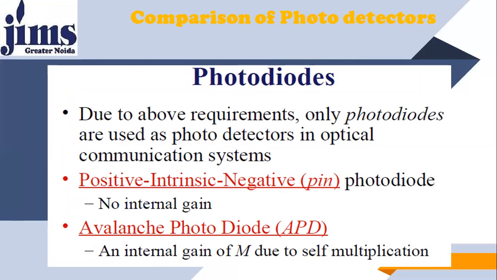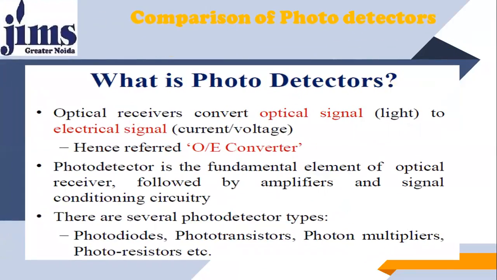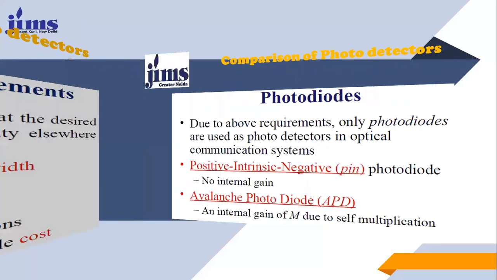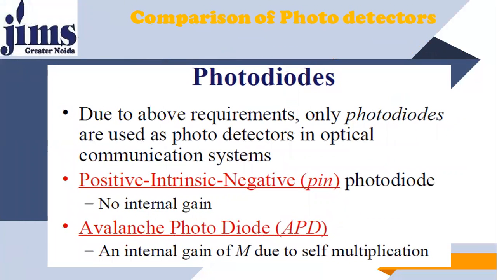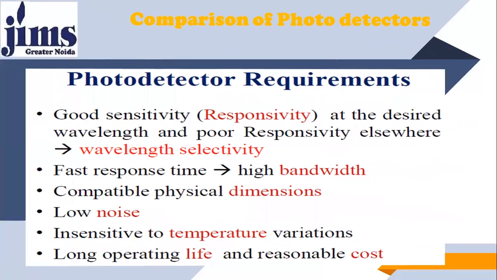So due to the previous requirements that we discussed, only photodiodes are used as photodetectors in optical communication systems. Actually, we have these choices: photodiodes, phototransistors, photomultipliers, and photoresistors. So among these four, we use photodiodes, right? Because photodiode fulfills these conditions.